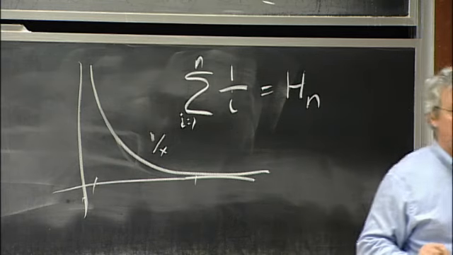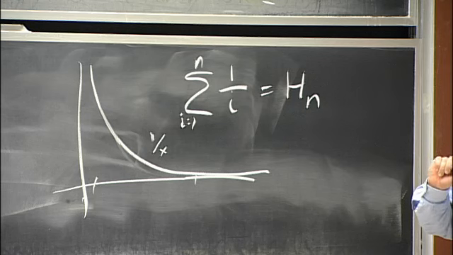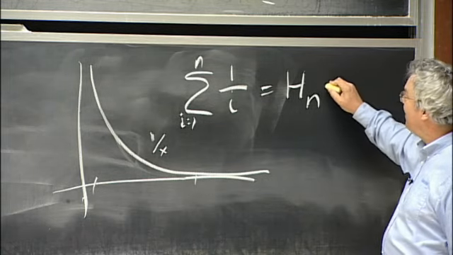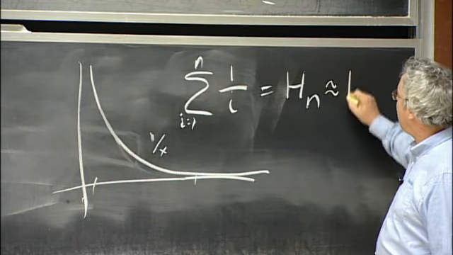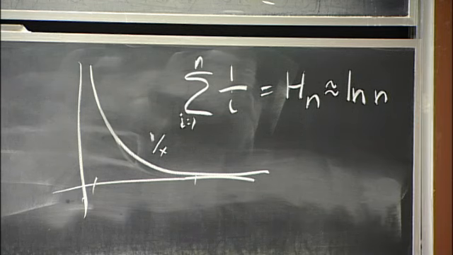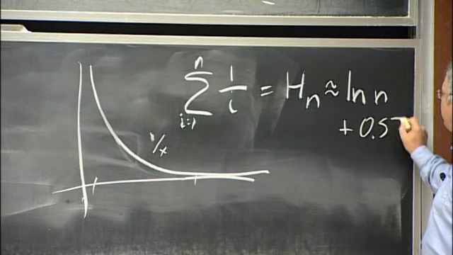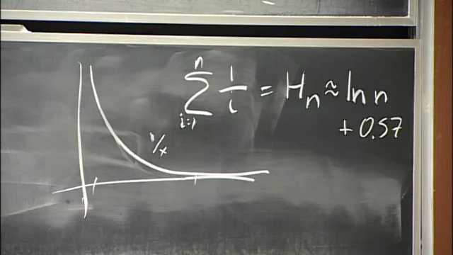It's close to that. And what is the integral of that? It's something you learned 7 years ago and now you've forgotten, right? You learned it when you were sophomores in high school or something. So it's approximately log of n. It's actually log of n plus 0.57, which is a very good approximation for the nth harmonic number.